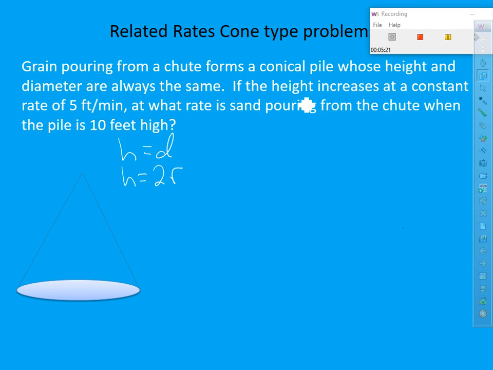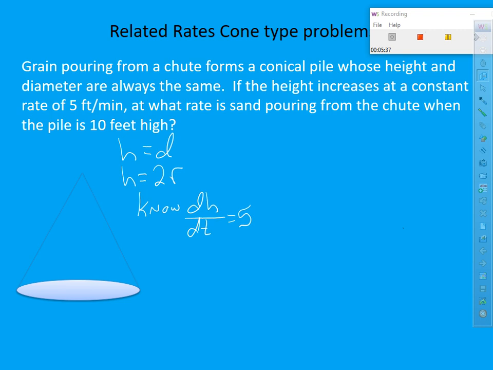Now, it says if the height increases at a constant rate of 5 feet per minute, so something I know is that dH/dt is 5. At what rate is the sand pouring from the chute when the pile is 10 feet high?